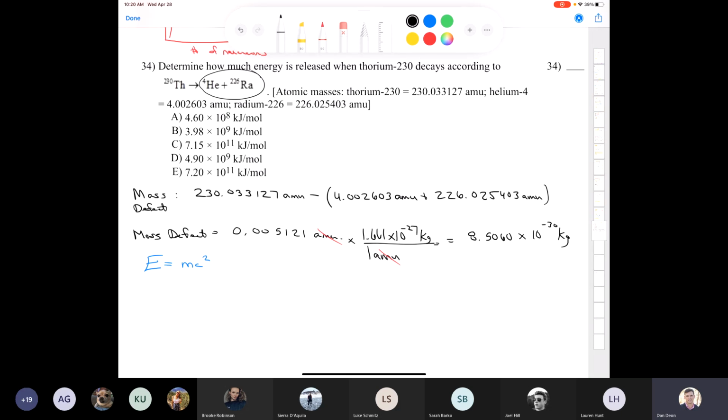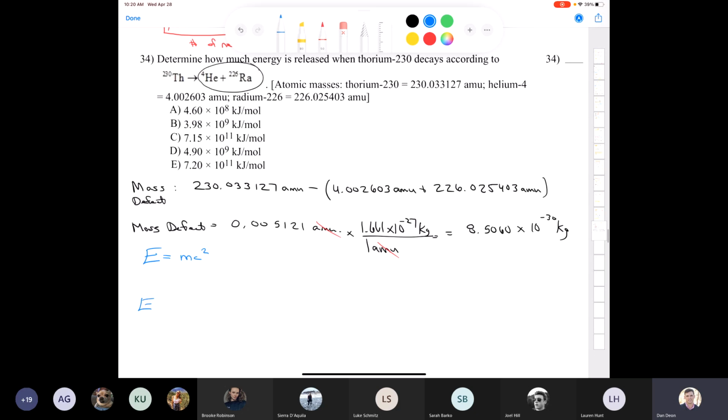Now we can plug everything into our formula, can't we? E is going to be equal to 8.5060 times 10 to the negative 30 kilograms, multiplied by 2.998 times 10 to the 8 meters per second, all of that squared.